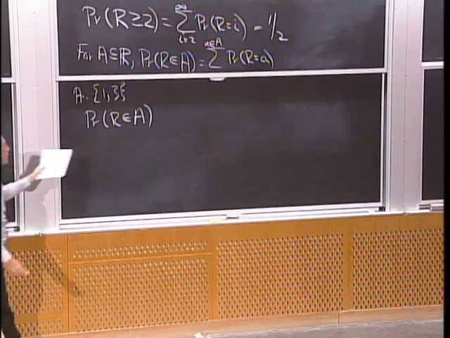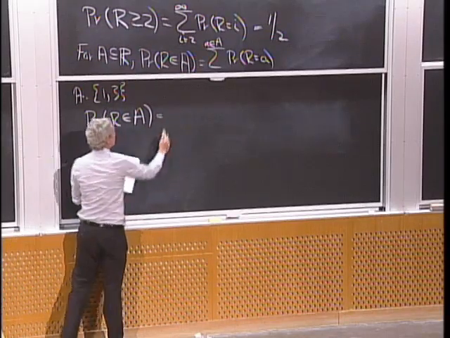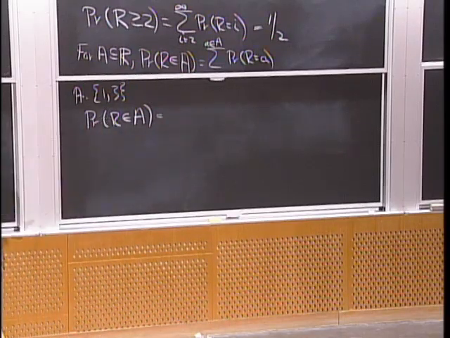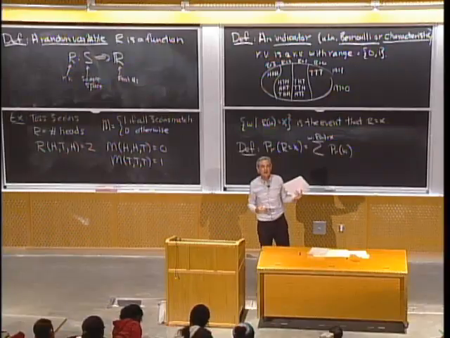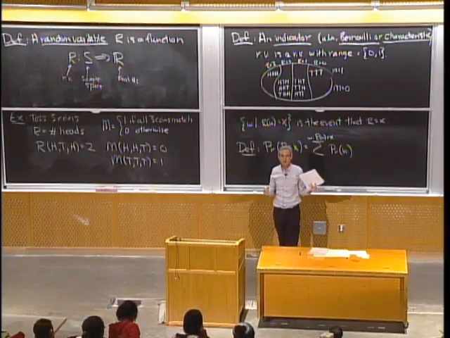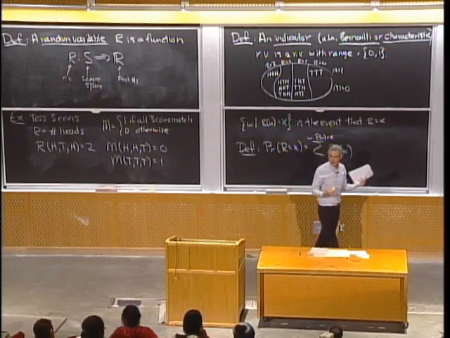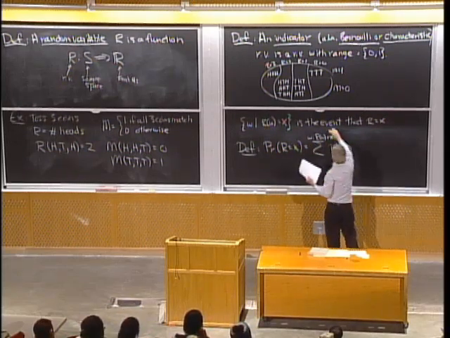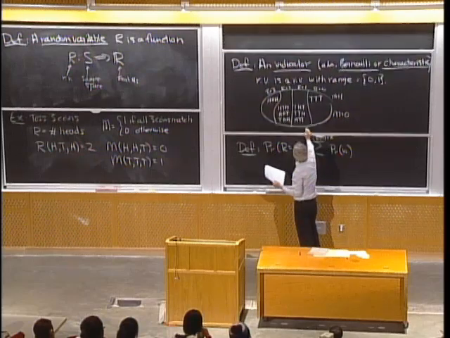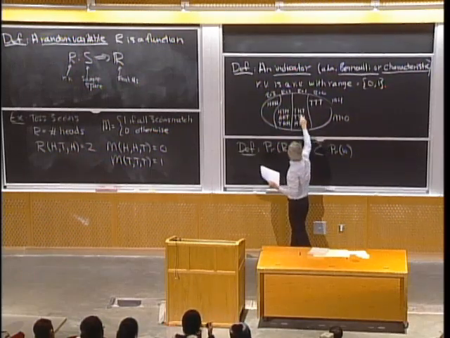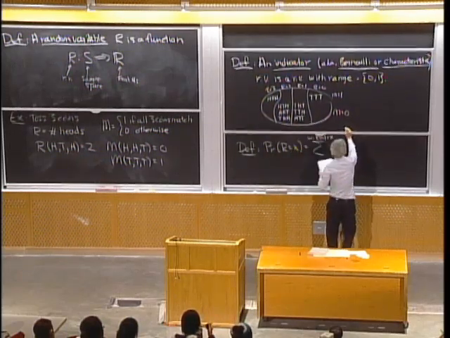What's the probability R is odd in this example? Flip 3 coins. We're asking the probability you get an odd number of heads, 1 or 3 heads. 1/2. Again, you've got 4 sample points here, so that's 1/2.